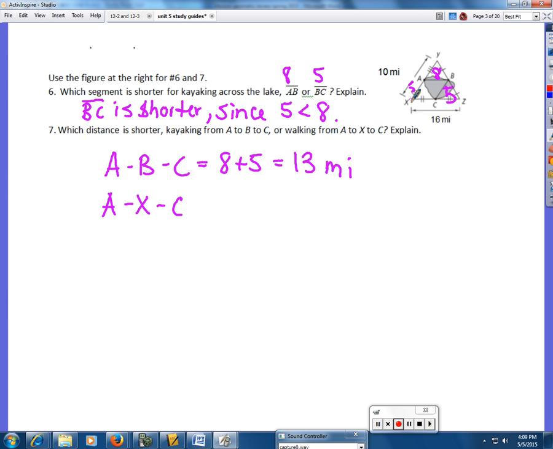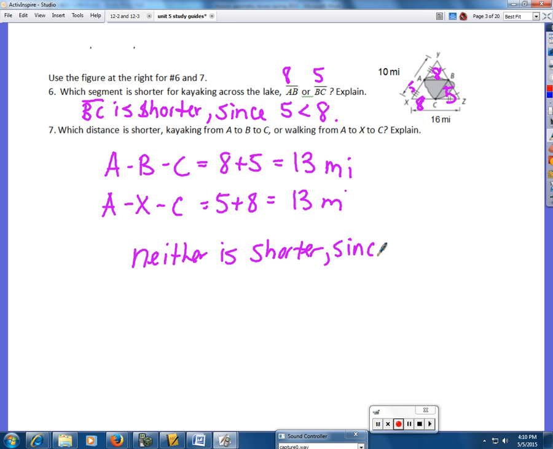And X to C is half of this side, so that's 8. So this is 5 plus 8, which is 13 miles also. So your answer would be neither is shorter, since they are equal distance.